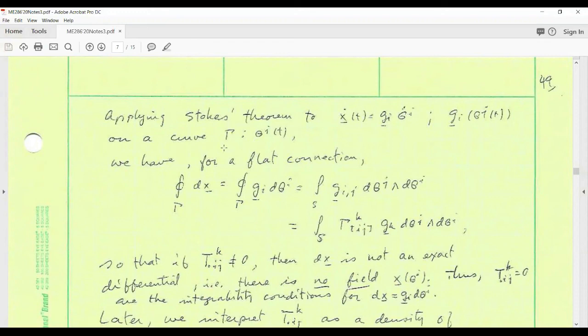Okay. If we look at the closed contour integral of dx, if dx were an exact differential, so that it would be the derivative of some vector field x, then this closed contour integral should be 0, right? Around a closed curve. Let's put this in there. That's g_i d theta^i. Use Stokes theorem.